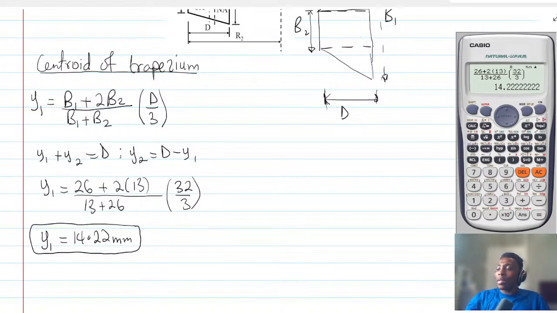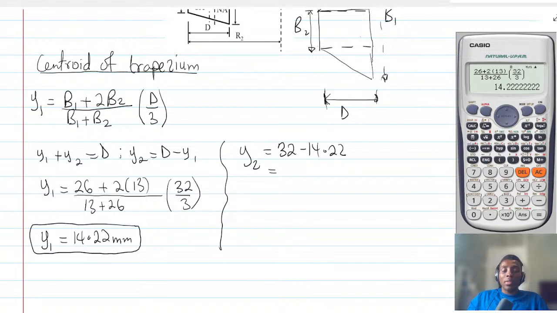So now our y1 is here. Therefore, our y2 will be 32 minus 14.22.